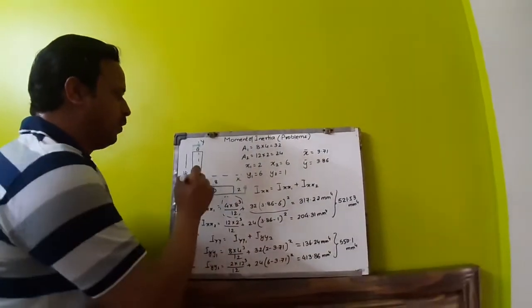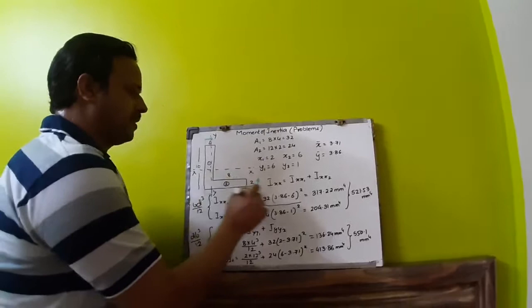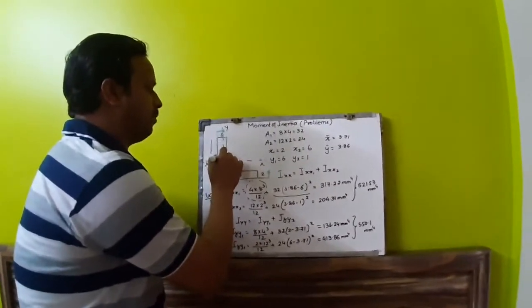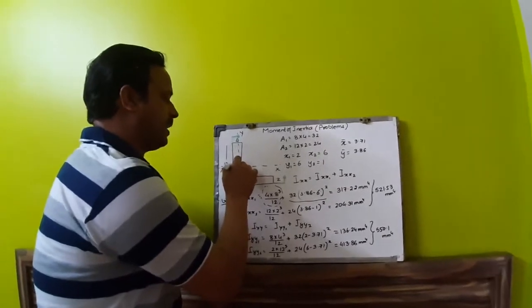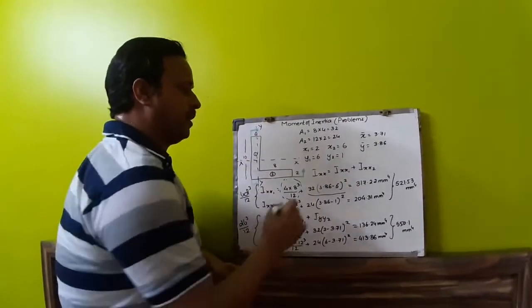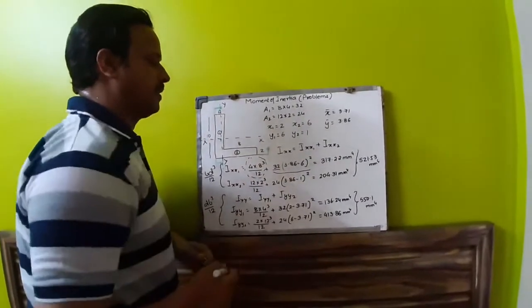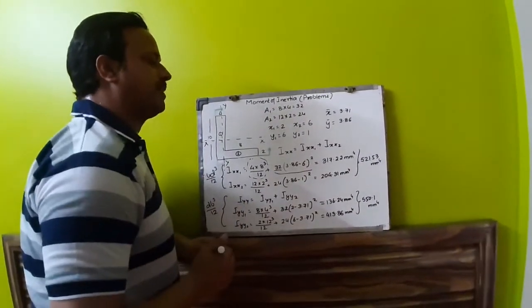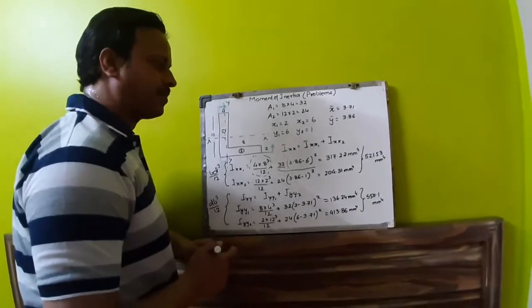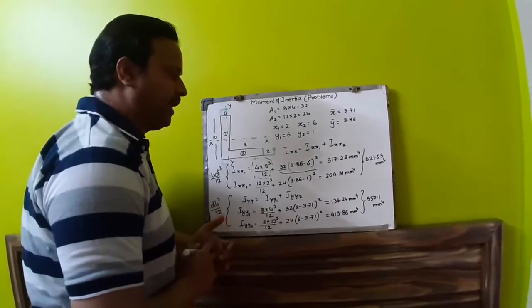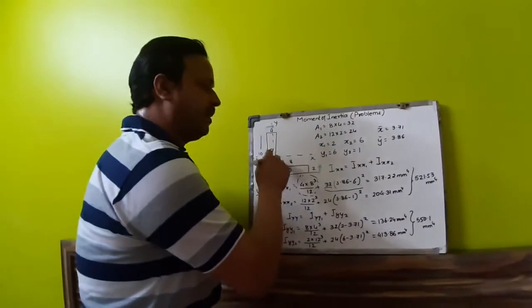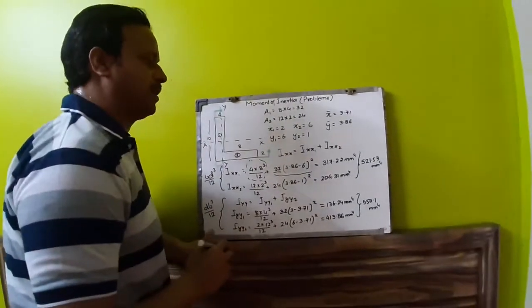Because you want to transfer this value from the centroidal axis of body 1 to the centroidal axis of the composite body. So this is A, this is 32, body 1, and H square. H square is the amount of transfer that you need to make from the centroidal axis of body 1 to the centroidal axis of the composite body.